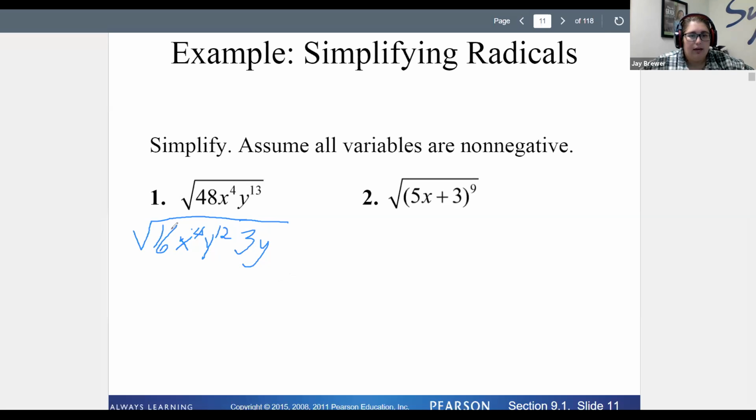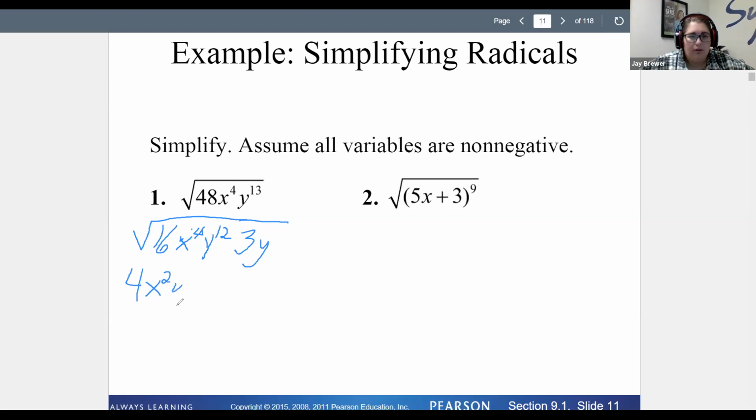So if we look at it as individual problems, what's the square root of 16? 4. And then we have x to the 4th. So what's the square root of that? x squared.